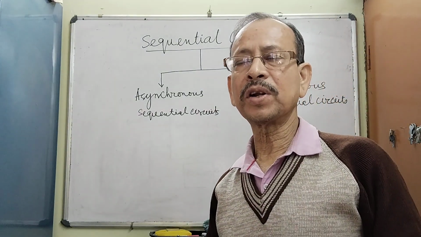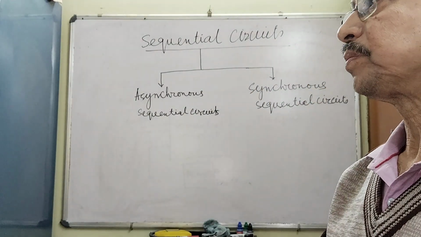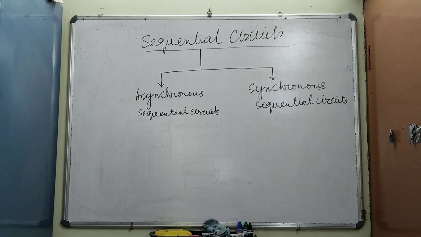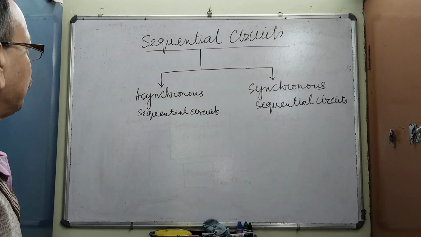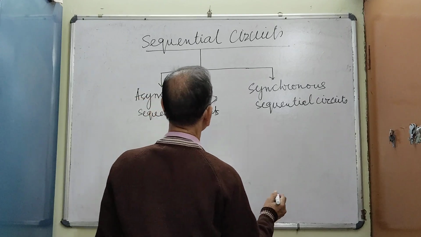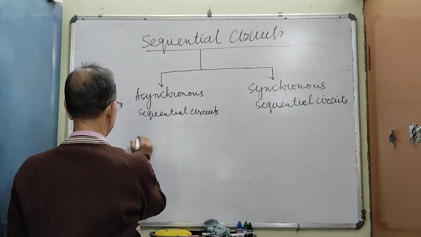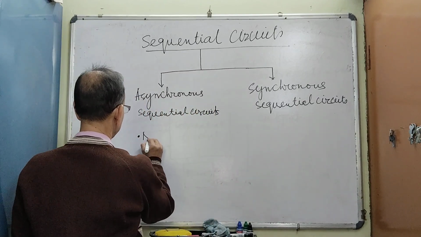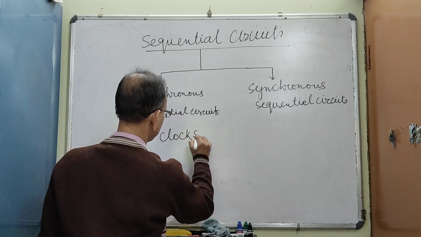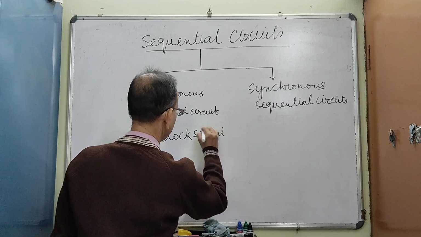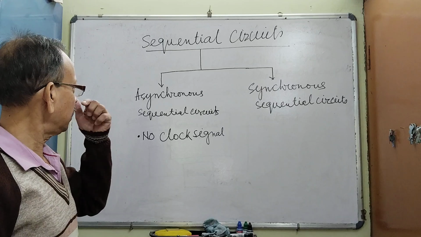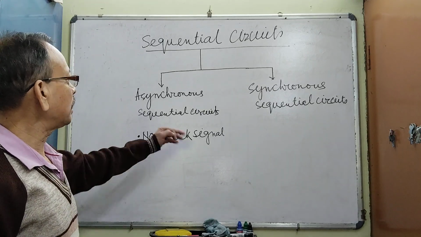What is an asynchronous sequential circuit? In an asynchronous sequential circuit, there is no clock signal. Number one, no clock signal for controlling the output.